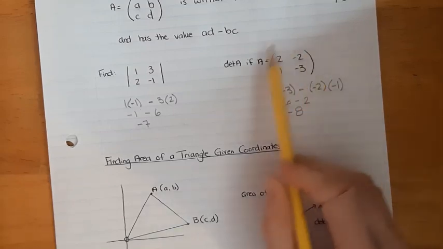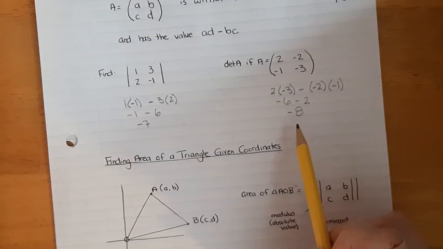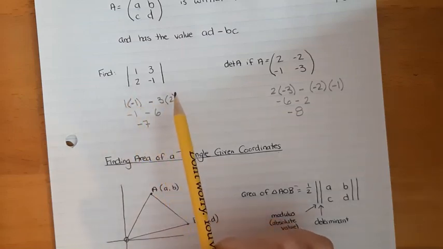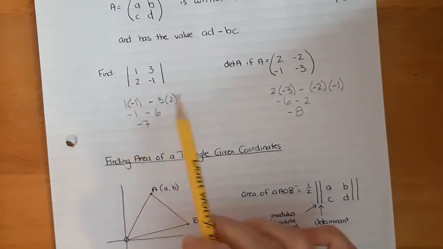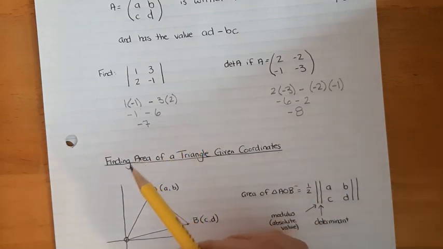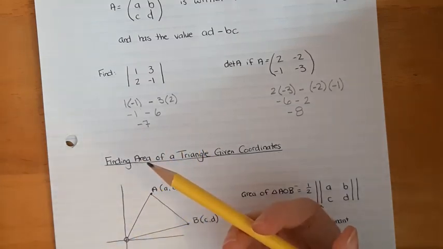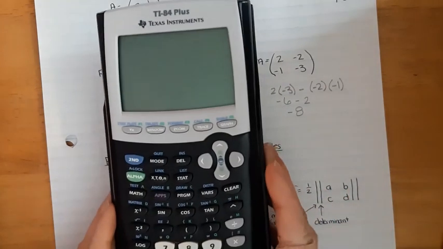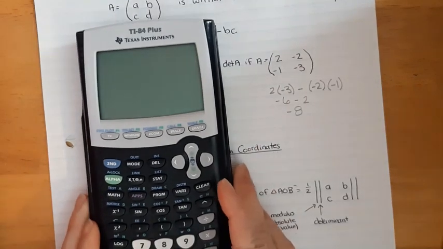So the determinant of that matrix is -8. In terms of calculator section, non-calculator section, you can find the determinant of a 2x2 matrix without using a calculator. You cannot find the determinant of, say, a larger matrix by hand, or at least we're not going to do that this year. So I just want to quickly show you how to find the determinant on your calculator.